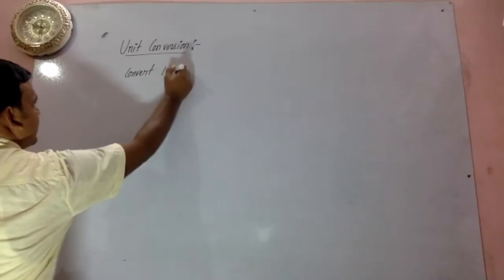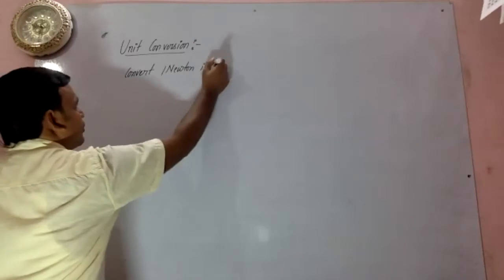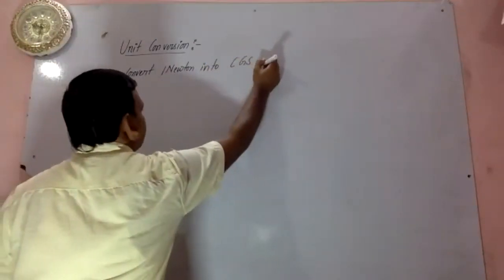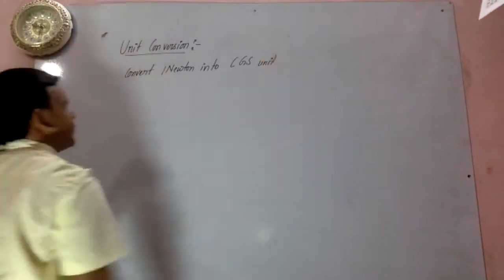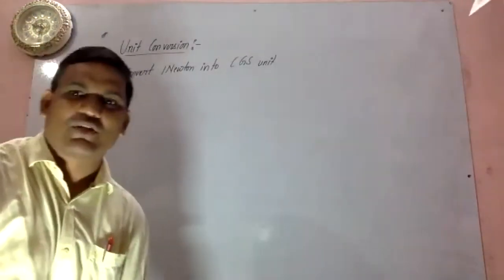Convert 1 Newton into CGS unit. Means 1 Newton is equal to how much CGS unit is there.